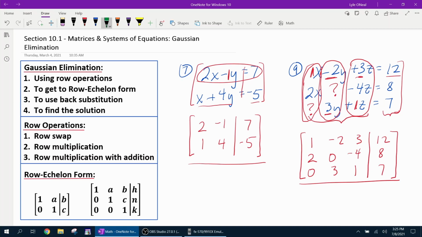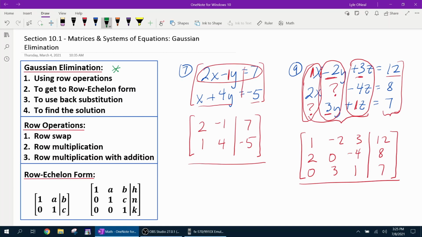Once you know how to write the matrix, then we can talk about our technique called Gaussian elimination that we're going to use to solve the system of linear equations. Now, if you think back to chapter 3, we've already covered 3 techniques for solving a system of linear equations. We talked about how to solve by graphing, the addition method, and the substitution method.